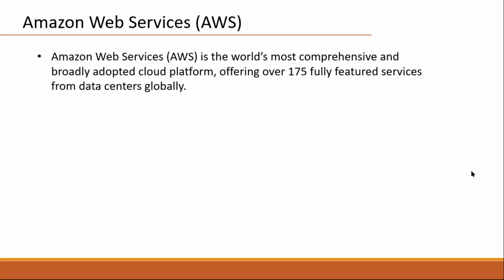Check it, there are so many definitions for AWS. One says Amazon Web Services is the world's most comprehensive and broadly adopted cloud platform. Most comprehensive means what? Most of the services are available.